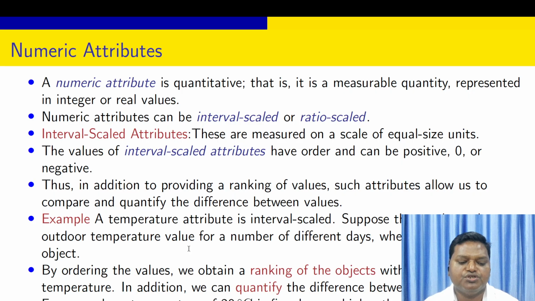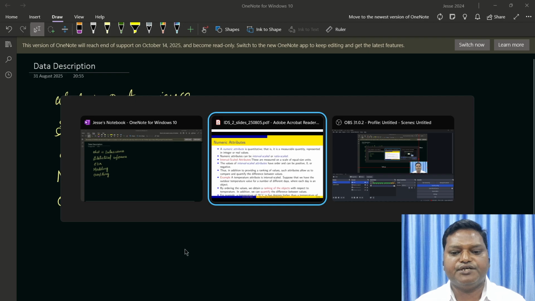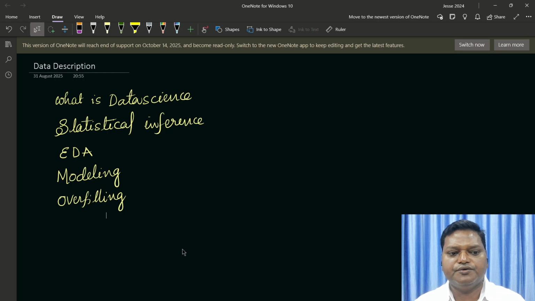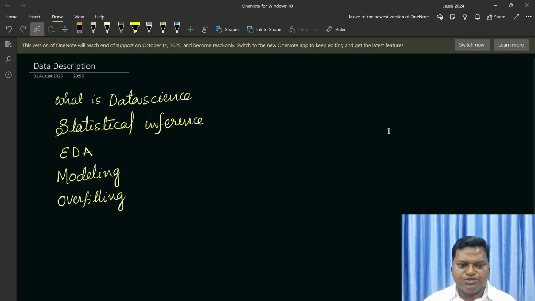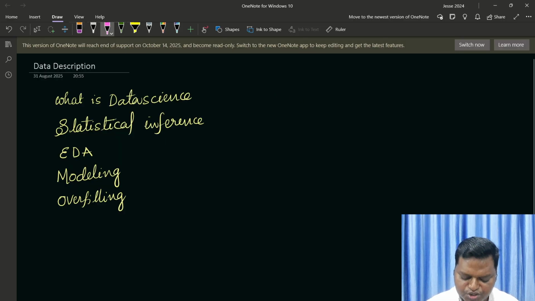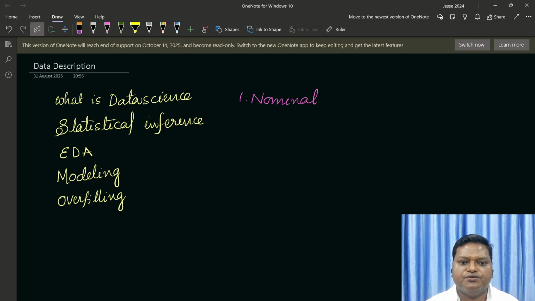When we talk about this, there are two categories of numerical attributes. Let us recap what we have seen so far. Firstly, we talked about nominal attributes, where we have the names categorized.